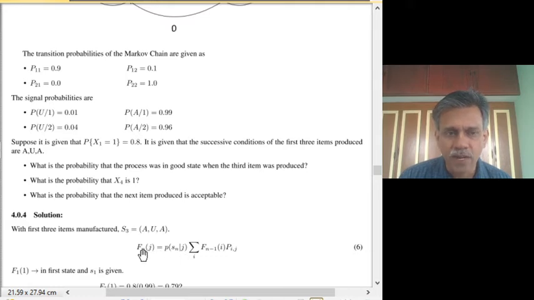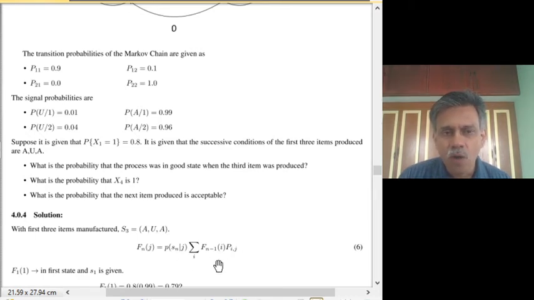So if you want to find F2(1), then you have to use P of U given 1. That will be this factor. If you are calculating F2(2), in the second time, bad state means it is the probability of unacceptable given 2. So both quantities can be taken from this. So this quantity is fixed. There are many terms for all these, and this quantity is the same.